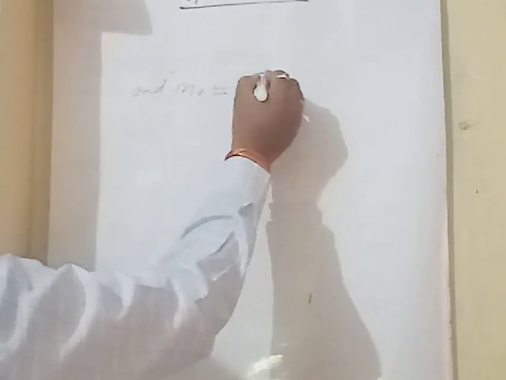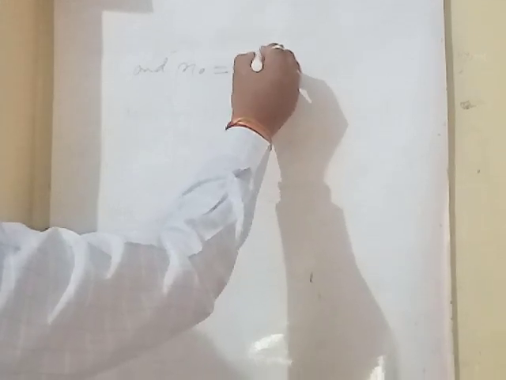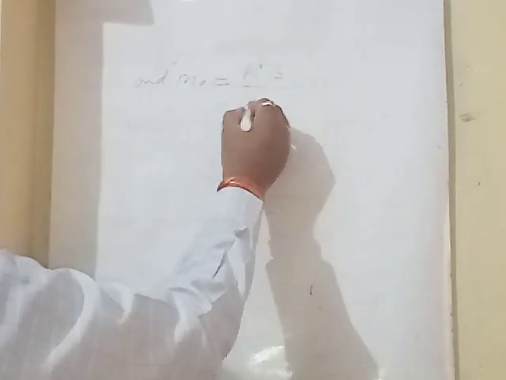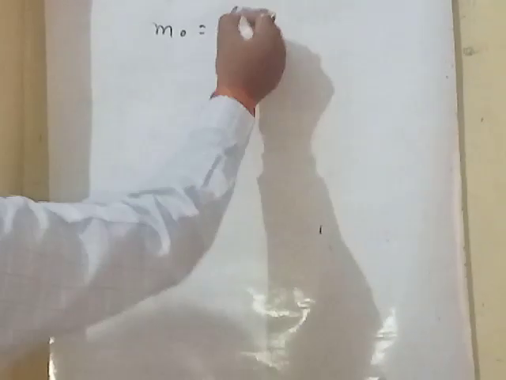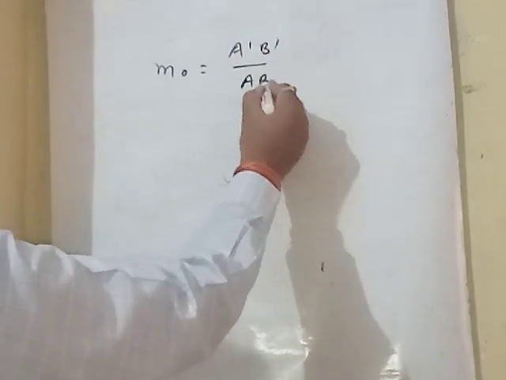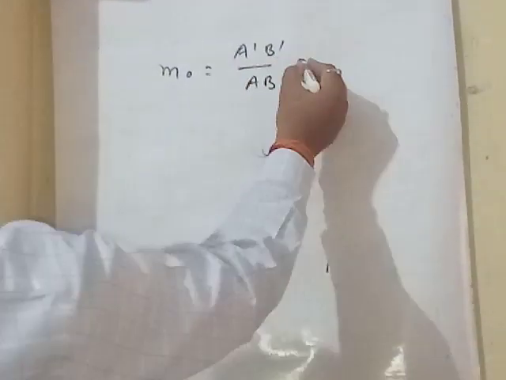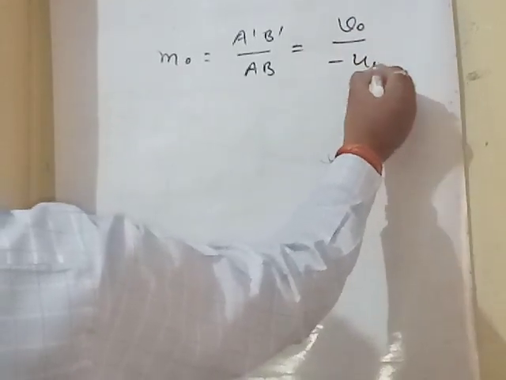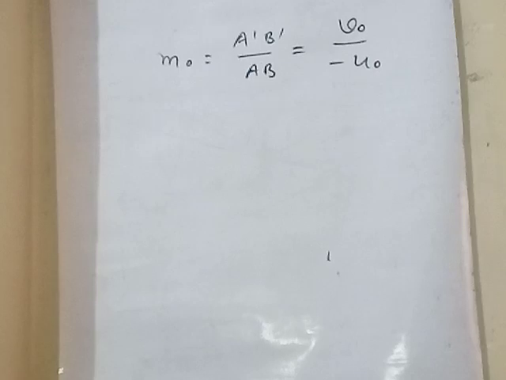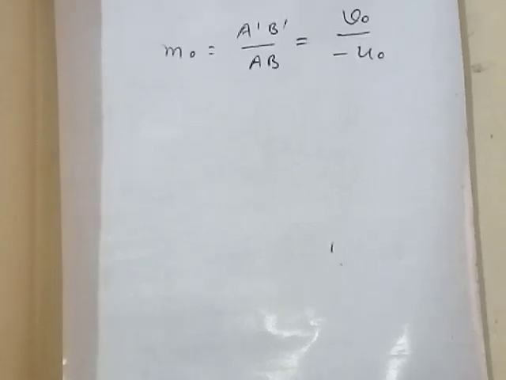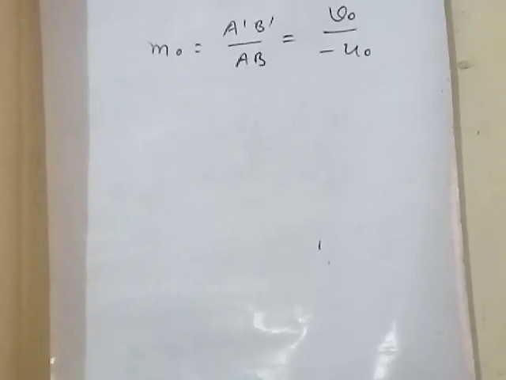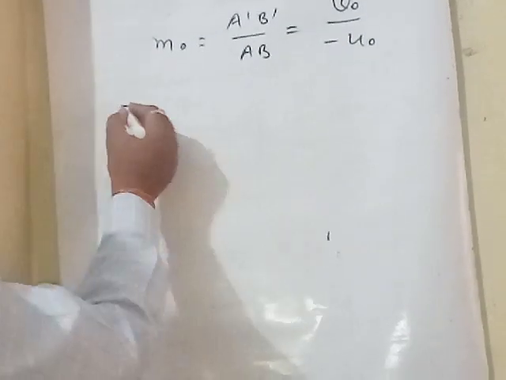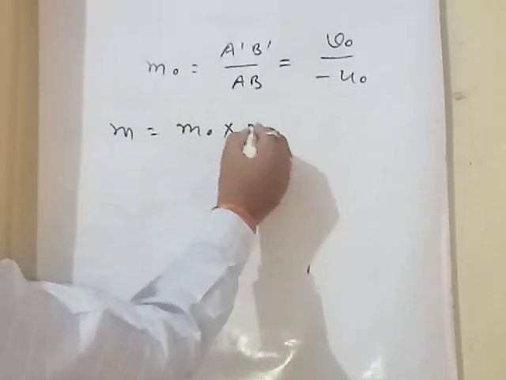But the magnification produced by the objective MO equal to A dash B dash by AB. The magnification produced by the objective is given by A dash B dash by AB equal to VO by minus UO. Using these two equations of MO and ME, we have m equal to MO into ME.